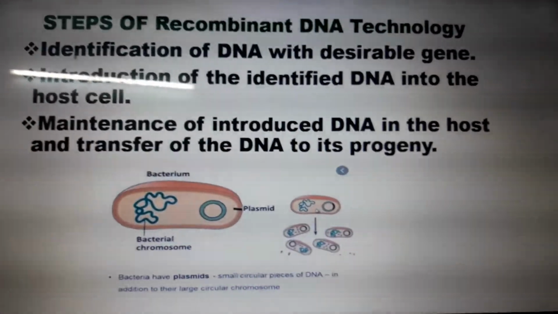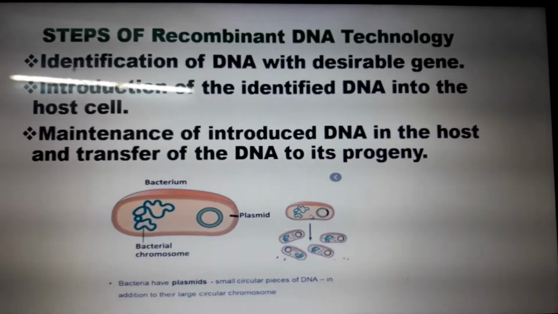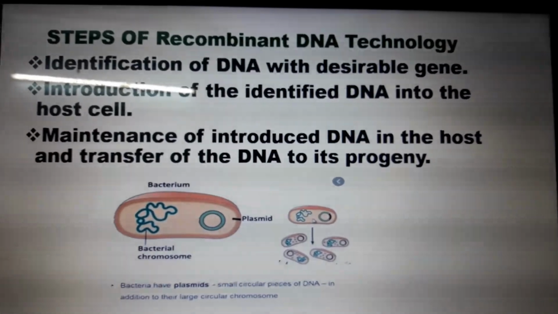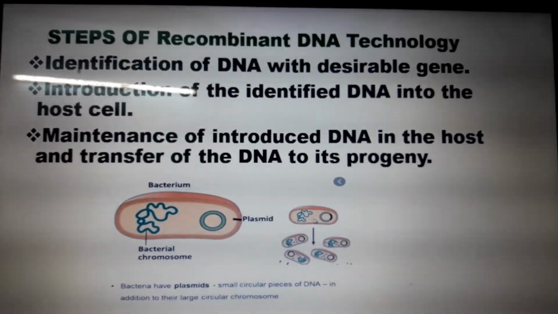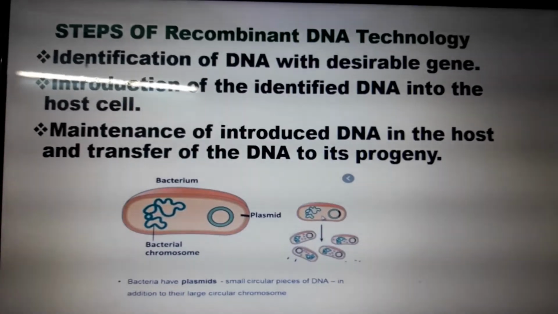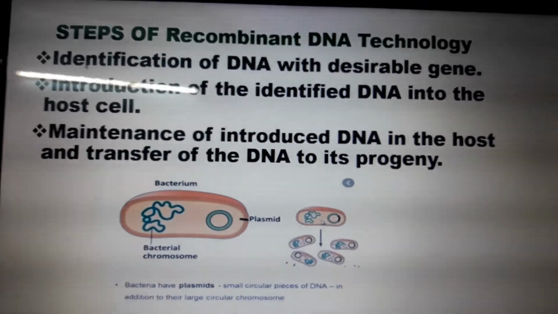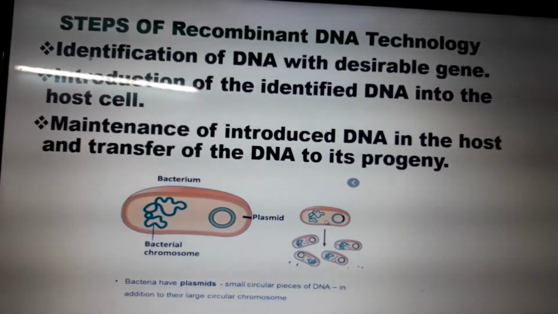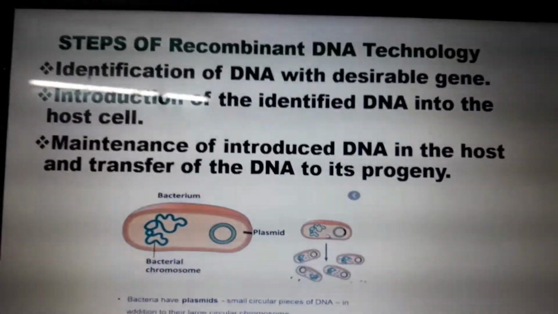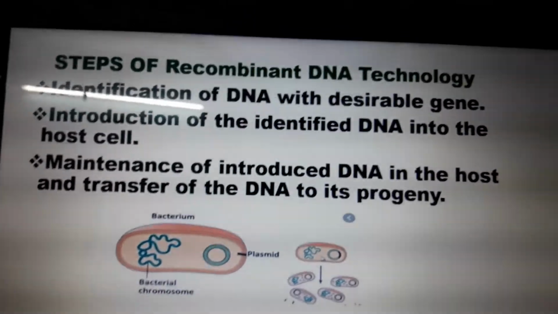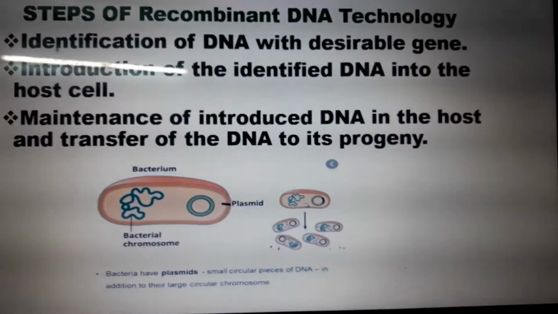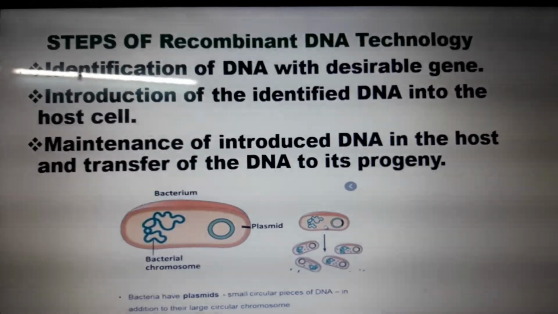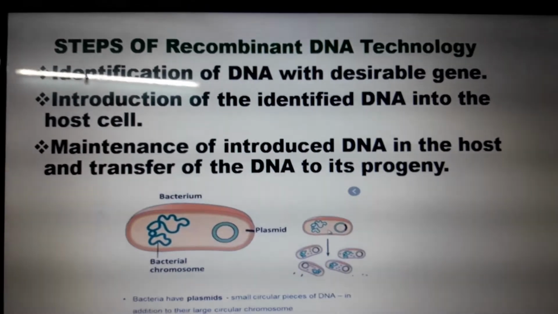And what is genetic engineering step by step? Whatever the gene we want. Suppose a person is suffering from diabetes. We know that insulin is produced in our body, and if its secretion is less, it produces diabetes.